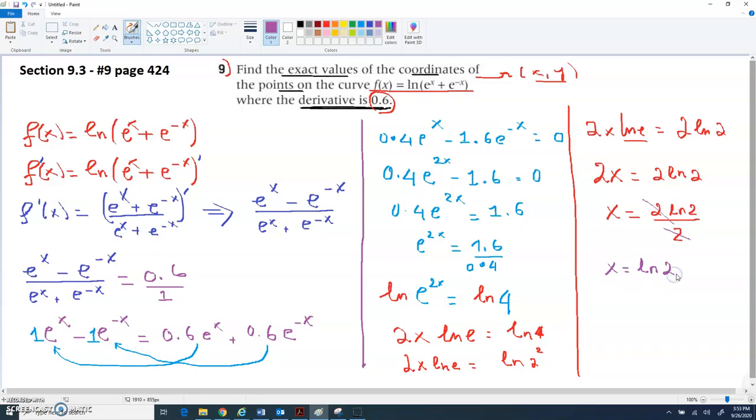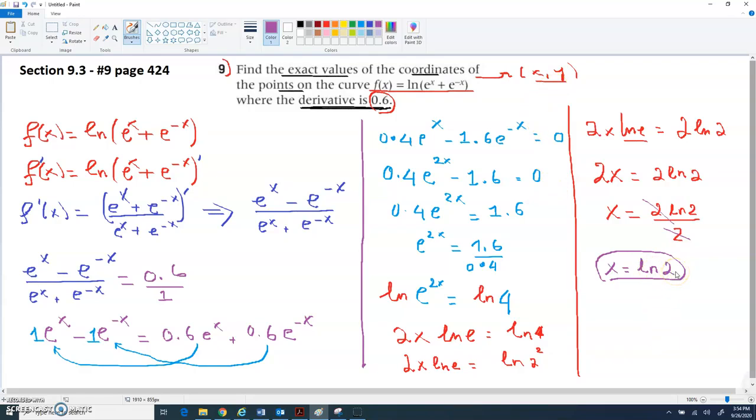If you want to know the exact value of the natural log of 2, you can punch this into a calculator. So what this means is that the derivative is 0.6 on the function ln(e to the x plus e to the negative x) when the x value is natural log of 2.